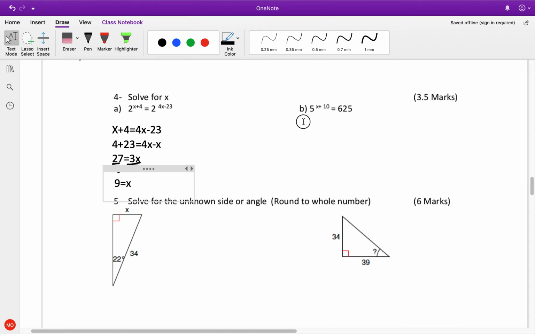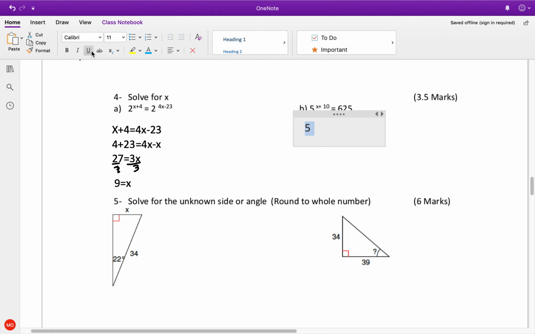Now this one, we don't have a similar base, so we have to make one. So this one is already 5 to the power of x plus 10 equals, okay, so it's 5 to the power of 4?